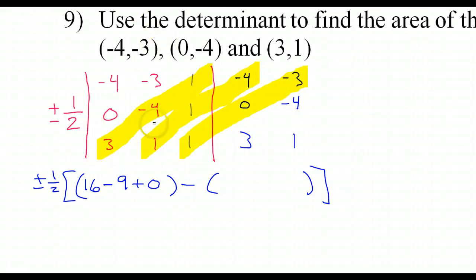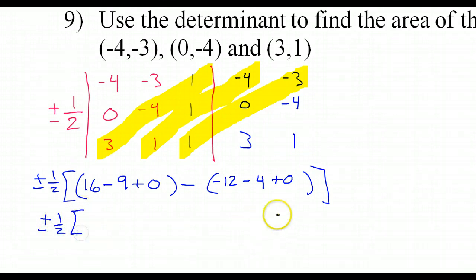Okay, 3 times negative 4 is negative 12. And then 1 times 1 is 1, times negative 4 is negative 4. And again, anything times 0 is 0. All I have to do is evaluate this, and I'm done. So plus or minus 1/2.